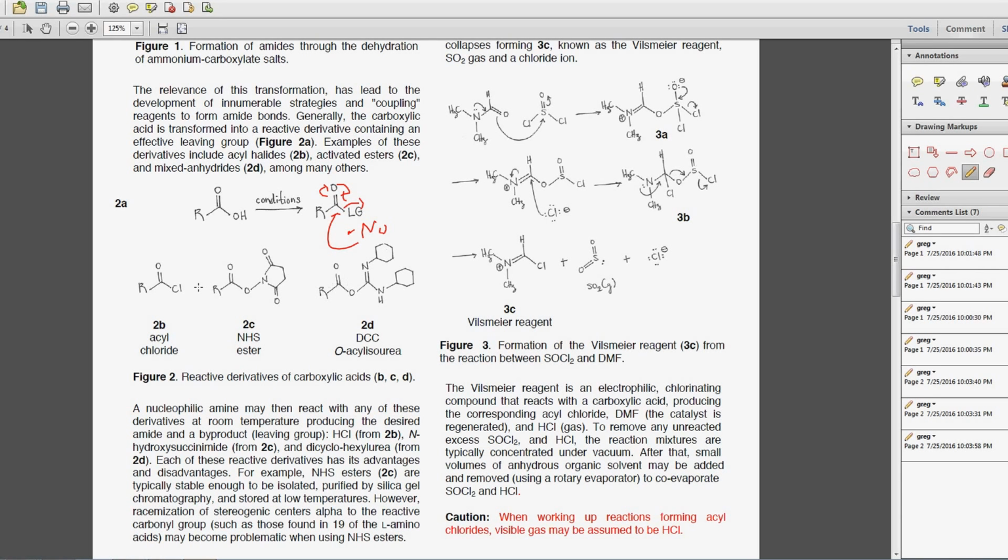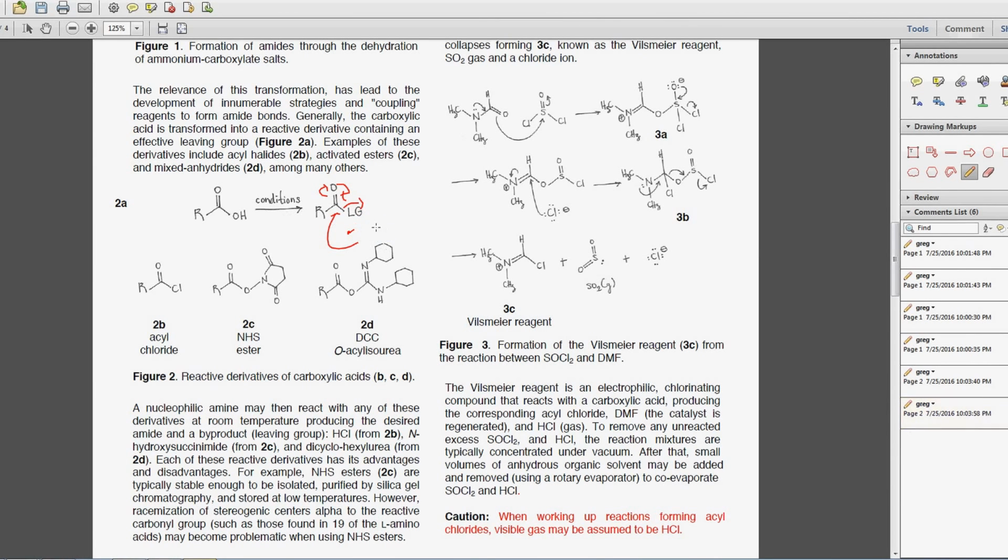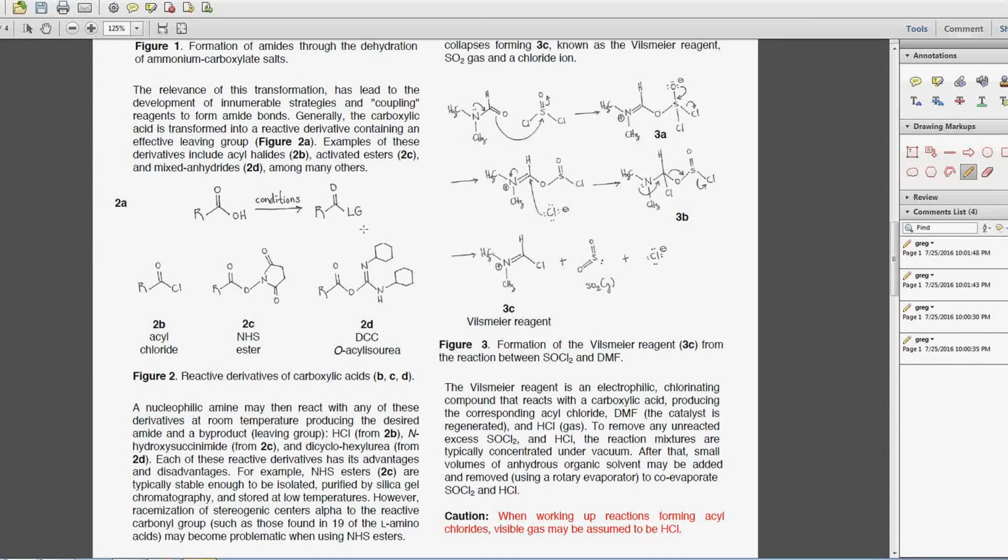There are a variety of ways that we can go ahead and activate these carboxylic acids to form leaving groups. The approach that we're going to take in this lab is to make the acyl chloride. You can also make an NHS ester, which ends up being an outstanding leaving group.